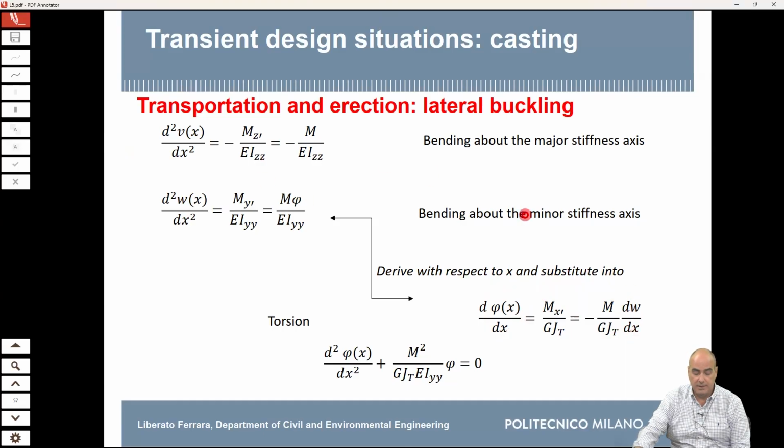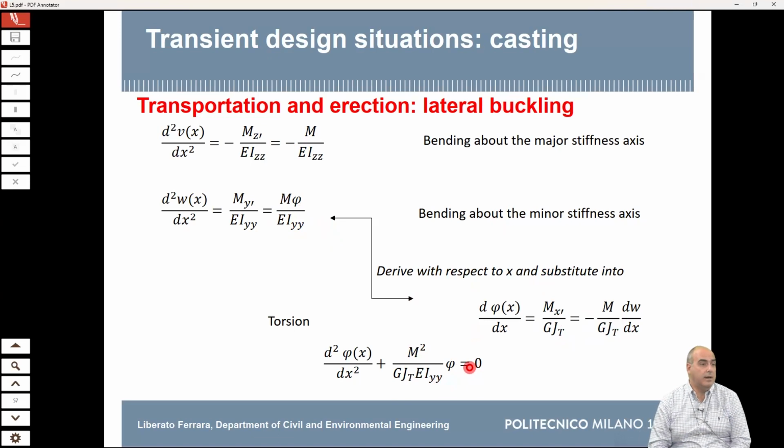But the second derivative of w is this one. So you put this into here, and you get the second derivative of phi plus M squared. One M comes from here, the other one comes from here. G J_T, which comes from here, E I_yy, which comes from here, times phi.